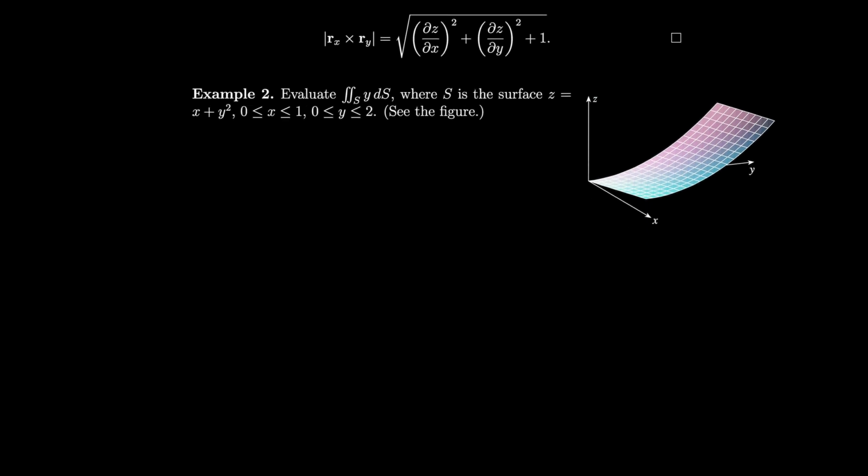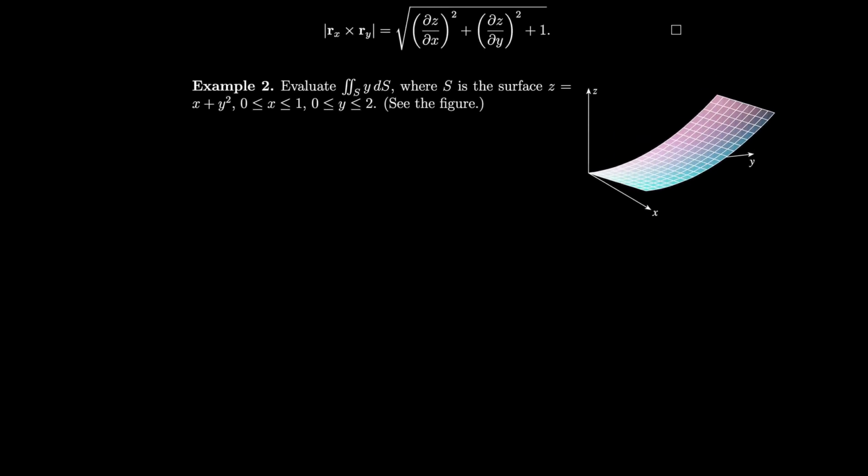So how about we evaluate this surface integral right over here of y dS, where S is the surface z equals x plus y squared, x goes between 0 and 1, and y goes between 0 and 2. So remember, we're not integrating this surface itself, we're integrating over the surface.